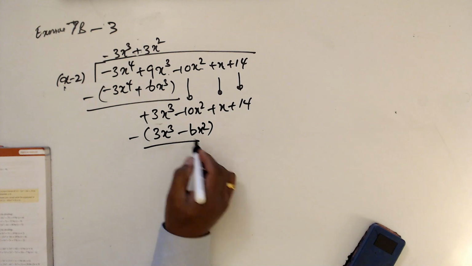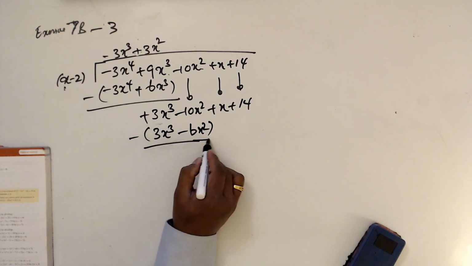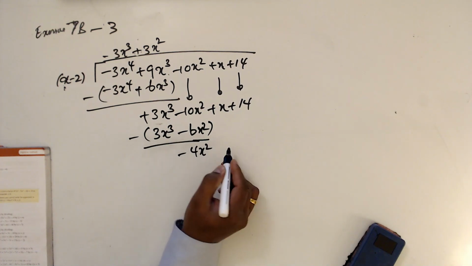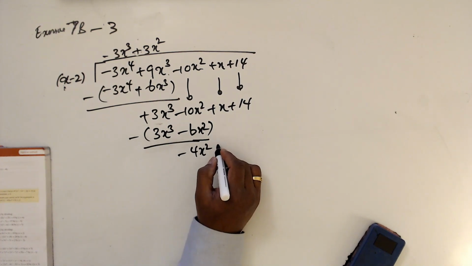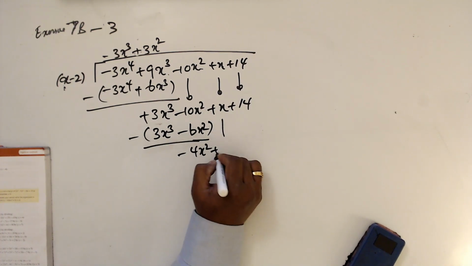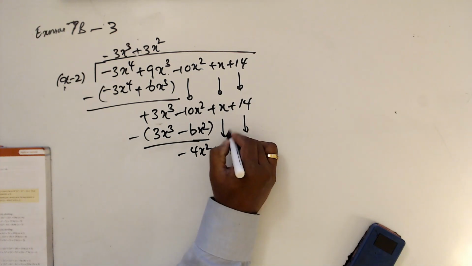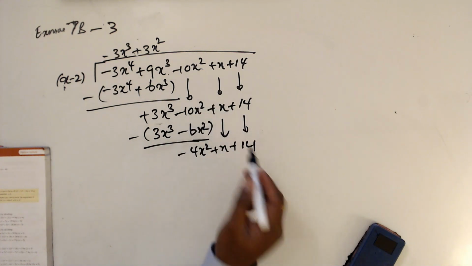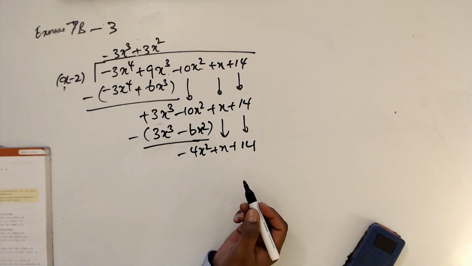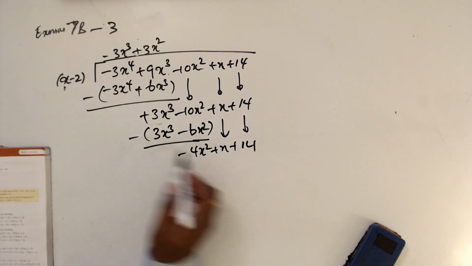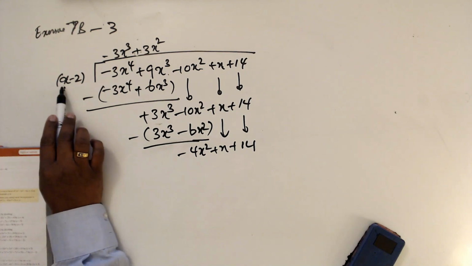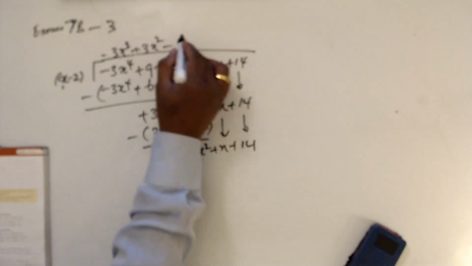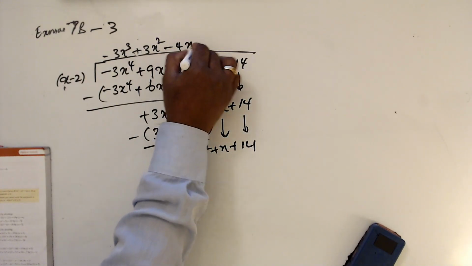So you have to minus this one, cancel out, minus 4x squared plus x plus 14. You don't need to write these arrows, but I'm doing it so you can understand easily. And how many x go into minus 4x squared? Minus 4x.